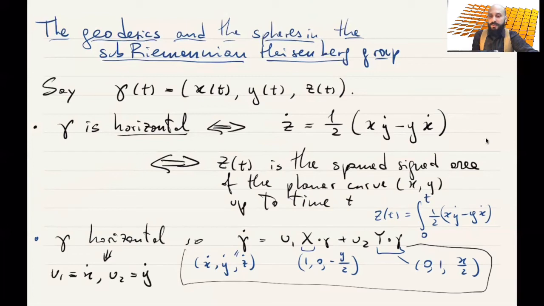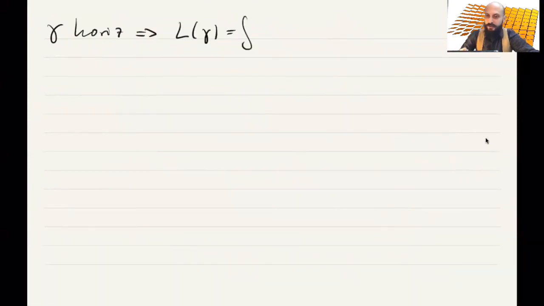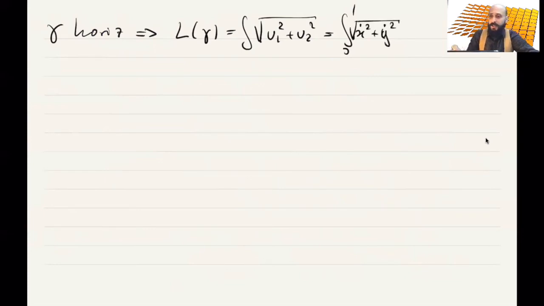Okay, so now what about the length? Gamma horizontal implies that the length of gamma, which is by definition the integral of the square root of u1 squared plus u2 squared, is the same as the integral of the square root of x dot squared plus y dot squared. And what is this?